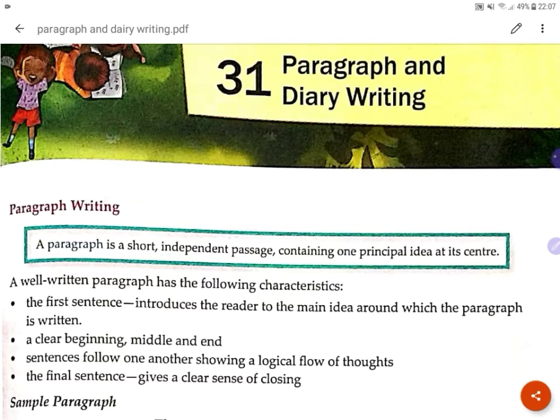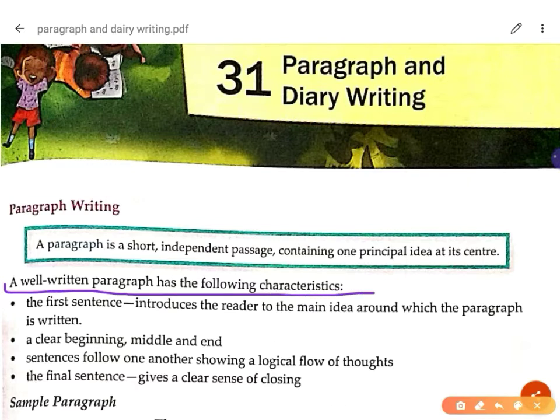As you can see here, a well written paragraph has the following characteristics. So we'll have to go through the characteristics we will use while writing a paragraph. There are 4 points given here. The first sentence introduces the reader to the main idea around which the paragraph is written.